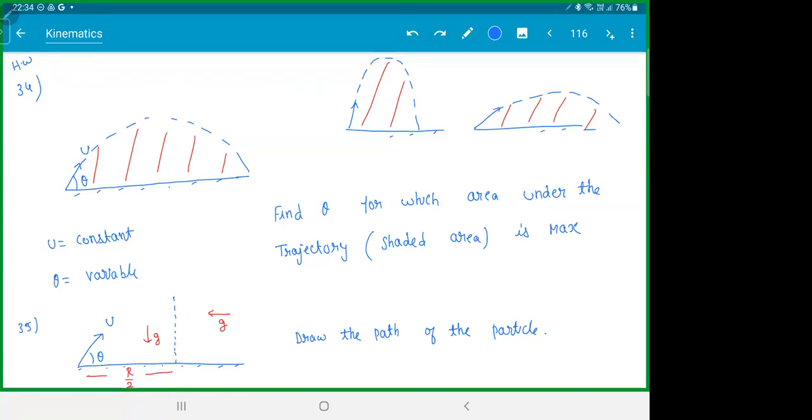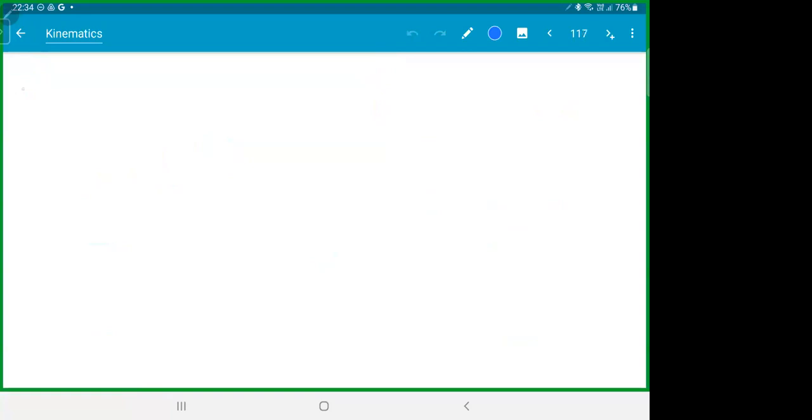Are you getting the second question? For the first half of the range, the gravity is down, then the gravity becomes horizontal. Draw the path of the particle. That would be fun. I'll show it in the next page. You're on a weird planet. The particle is projected with u and theta. So for the first half of the motion, r by 2, the gravity is as usual.